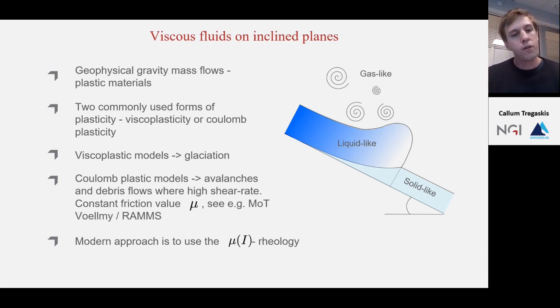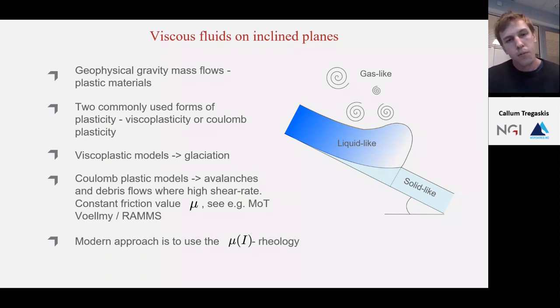Really what we focus on is how the friction changes, and then how the material actually flows. So a lot of the programs that you'll have seen for snow avalanche modeling, such as the in-house one, NGI, use a method of transport Voellmy code, and then RAMMS uses similar things. But here we have a constant Coulomb friction, and then we have a turbulent term.